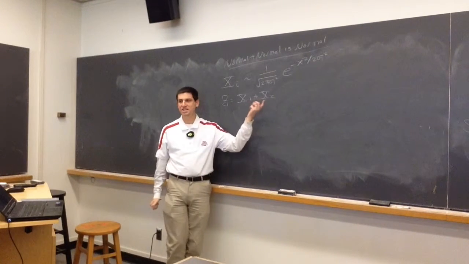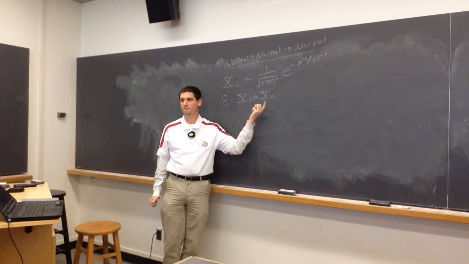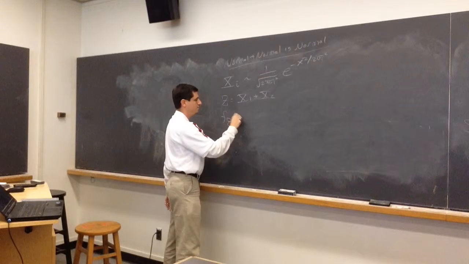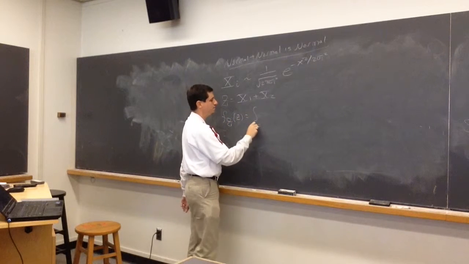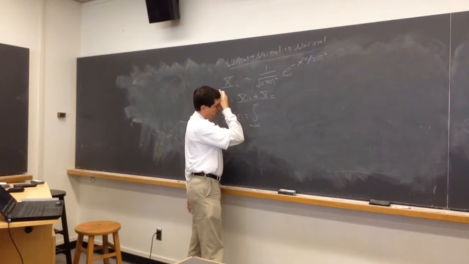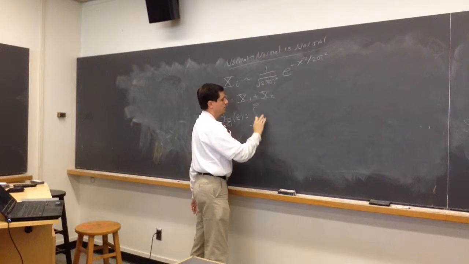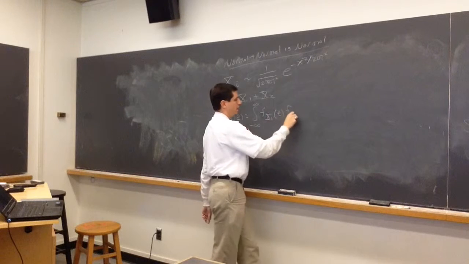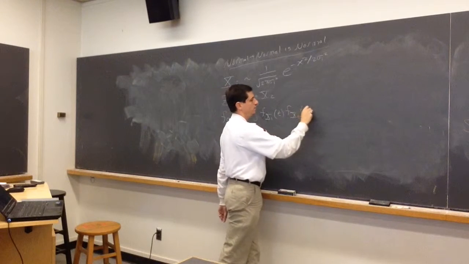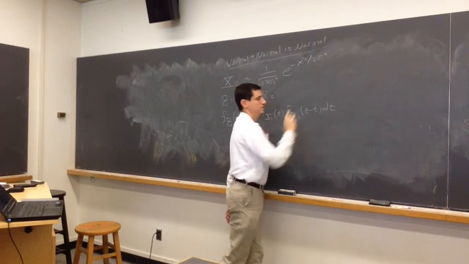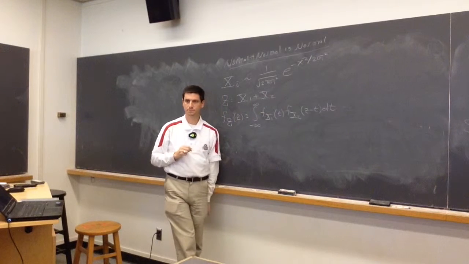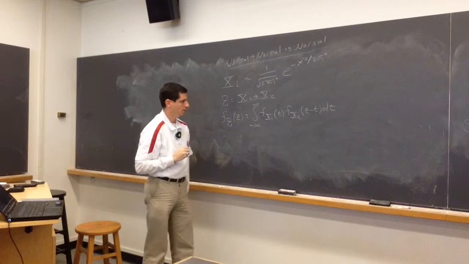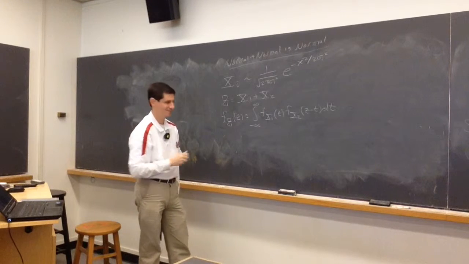How do we calculate the density of X1 plus X2? Convolutions. So f of z is the integral from minus infinity to infinity of f X1 of t times f X2 of z minus t dt. So far, so good? All right, let's do the integration.